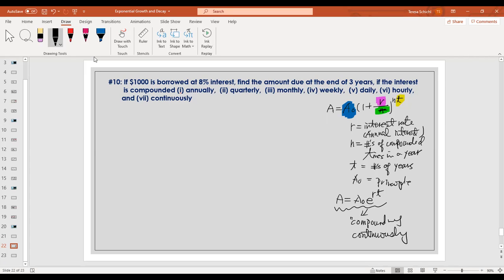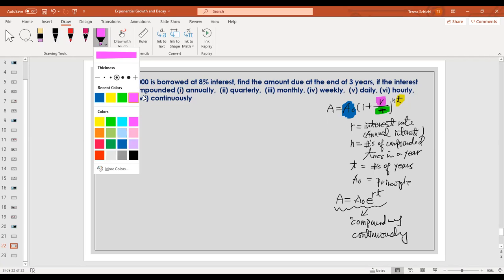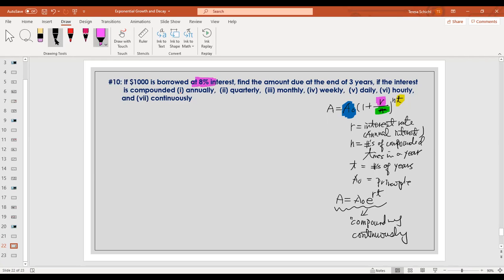Now let's solve this problem. Let's say $1,000 is borrowed at an 8% interest rate. Remember, if not specifically said, this interest rate is the annual rate. We want to see how much we owe at the end of 3 years.